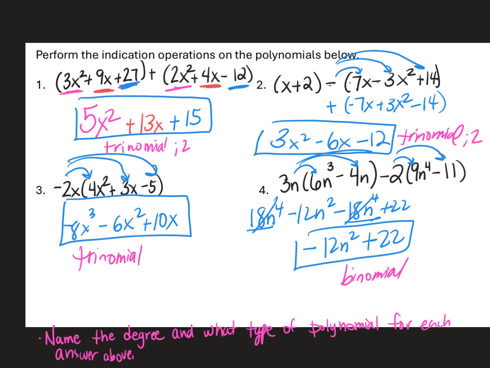For the next one, the degree of negative 8x cubed is 3, the degree of negative 6x squared is 2, the degree of plus 10x is 1, and the largest number is 3. And then for the last one, the degree of negative 12n squared is 2, and the degree of 22 is 0, so the degree is 2. And this would be the largest degree.